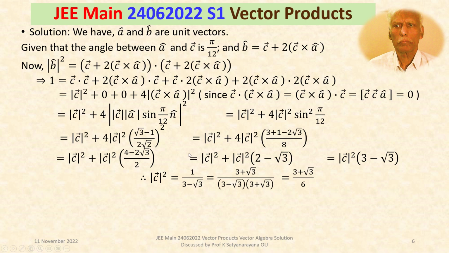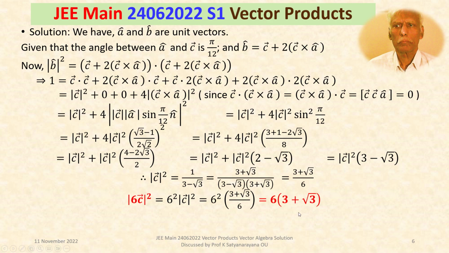But we want mod 6 vector C square, and that will be equal to 6 square into mod vector C square, and that is equal to 6 square into 3 plus root 3 by 6, 6 cancels, and you will get 6 times in brackets 3 plus root 3.